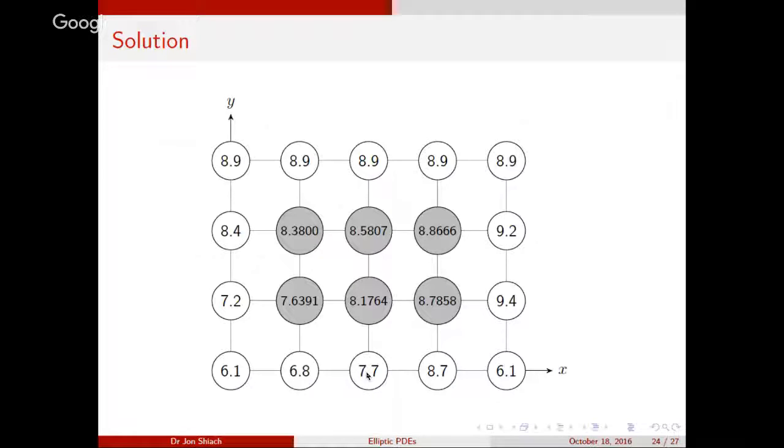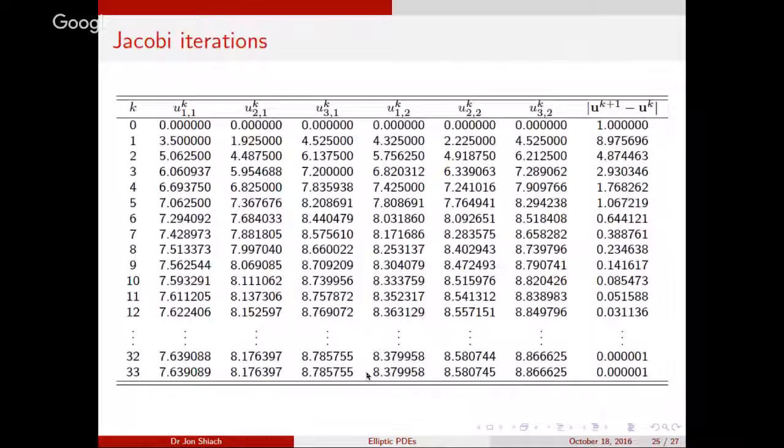If I was to do that example, these are the solutions you get after a while. I think this is 10 to the minus 6 error. So those are the solutions, and using Jacobi, that took 33 iterations. Not something I'd recommend doing by hand. Hopefully you're starting to see the pattern in what I'm trying to say: don't do things by hand, use the computer.